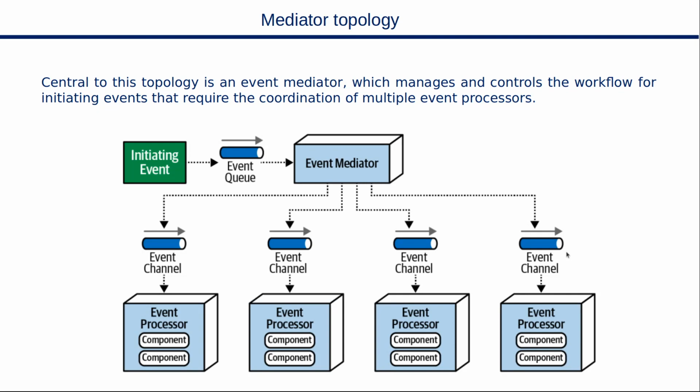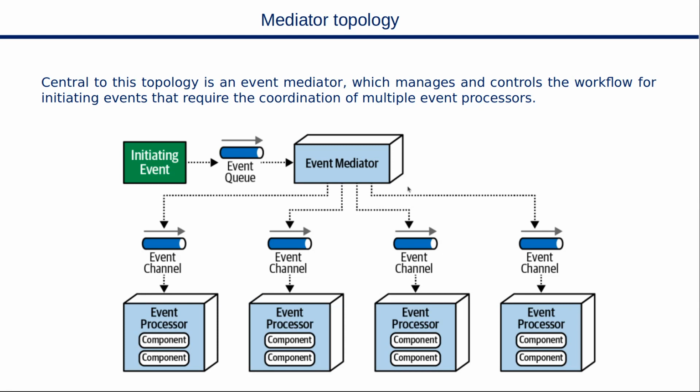From one point of view, error handling can be better. If something happens in one of the event processors, then the event mediator will be able to manage it. But what will happen if the event mediator is not available?